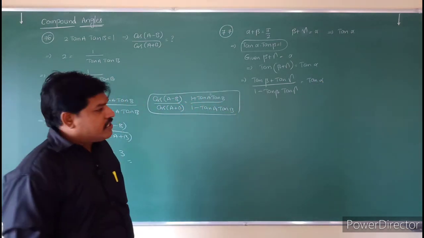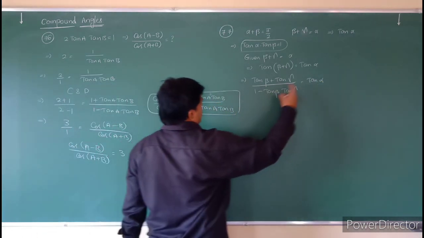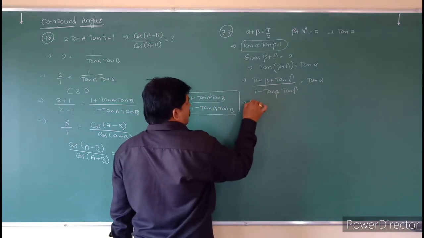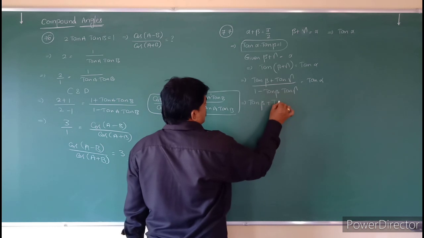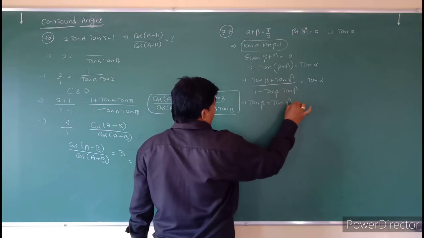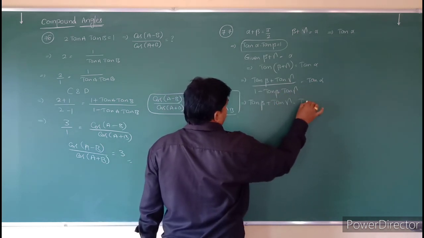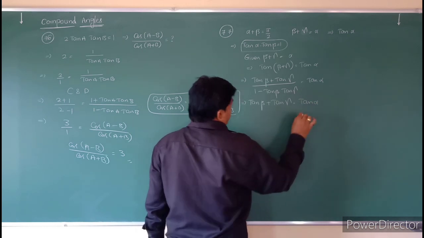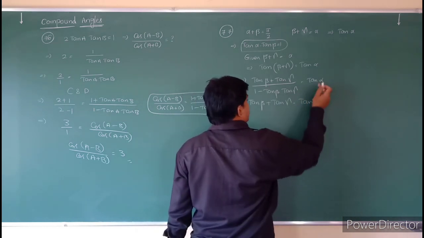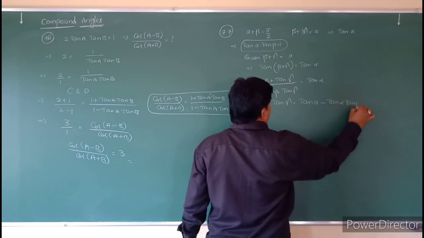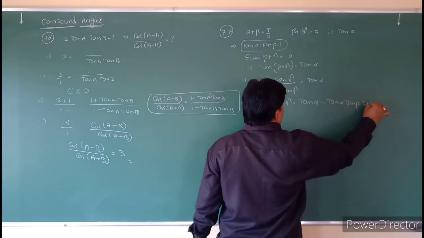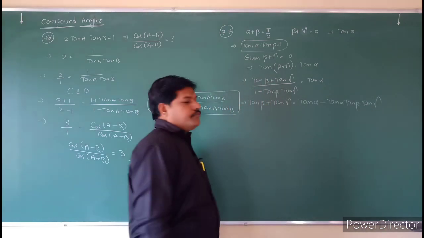That is the tan of A plus B formula. Just expand that and cross multiply, students. So what will we get? That implies tan beta plus tan gamma is equal to, multiplying that, tan alpha minus tan alpha tan beta tan gamma.